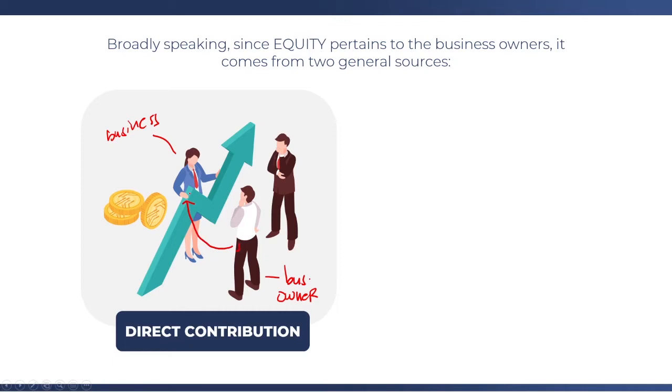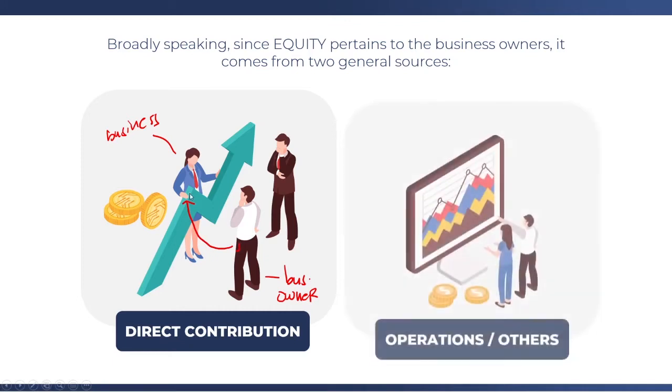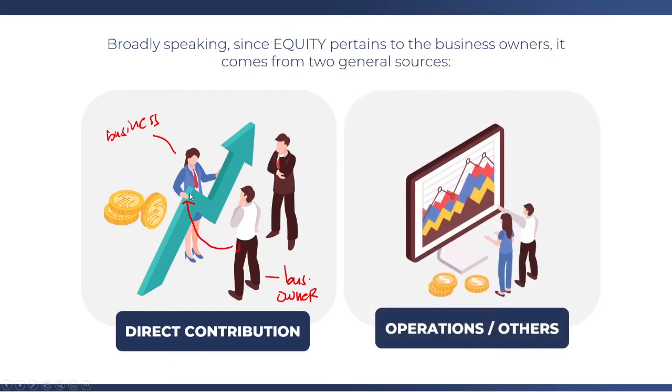So that is a direct contribution. The second one is from operations or other sources, other than the owners of the business, meaning those activities with customers and suppliers that are directly related to business objectives. In other words, those that generate income or expenses.